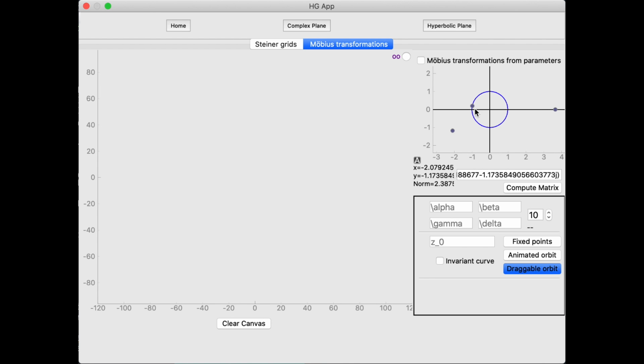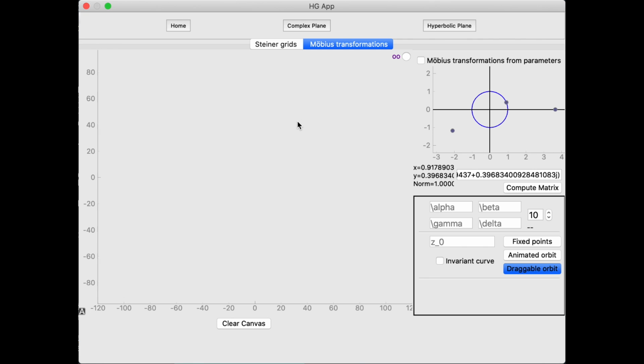So let us give an example where the multiplier lies in the unit circle. So that's alpha lying in the unit circle. Our Möbius transformation is going to be conjugate to multiplying by this alpha, so it's going to be conjugate to a rotation.